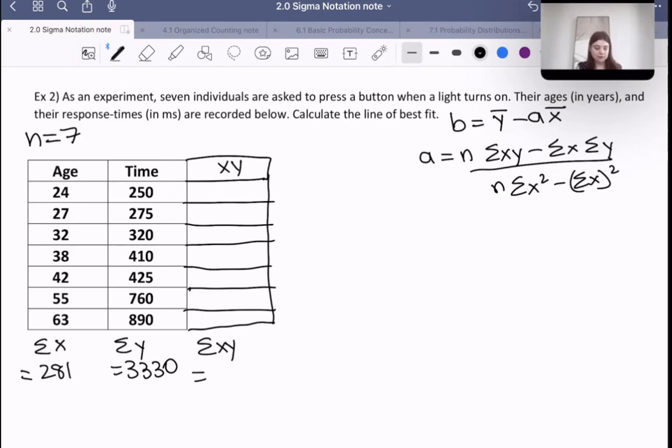Okay, so 24 times 250 is 6,000. 27 times 275 is 7,425. 32 times 320 is 10,240. 38 times 410 is 15,580.